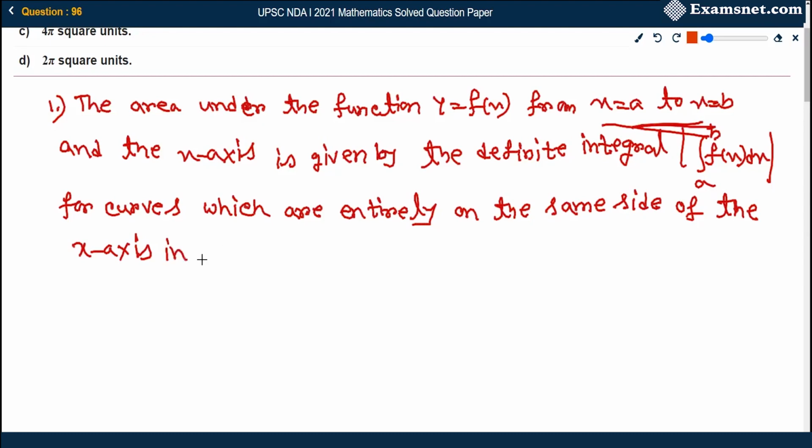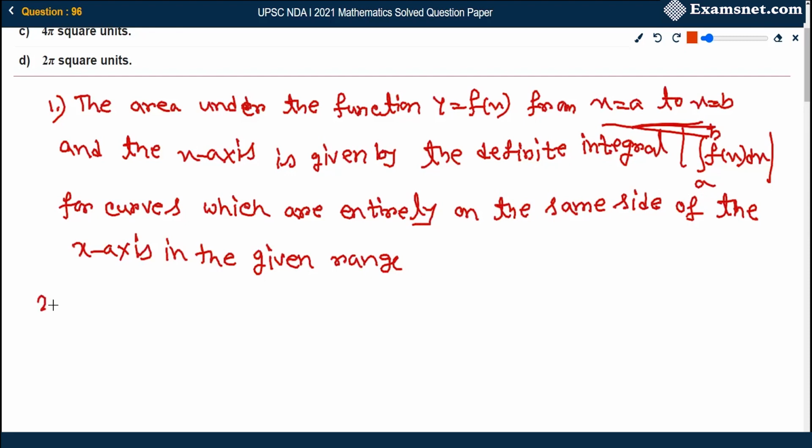So if the curve is on the same side of the x-axis, then we will get the area by this definite integral. Okay.